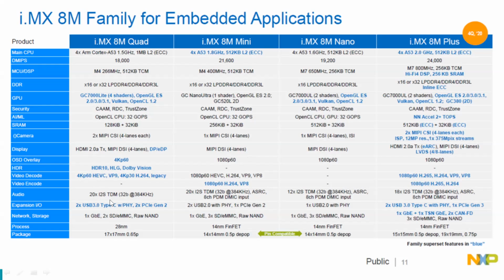Others like the audio spec, you can see some audio interfaces required for speech recognition or a soundbar. So on the high end, or what we call the mid-range, CPUs, you will have more I/O interfaces like USB 3 or more PCIe lanes for customers to extend their external devices.